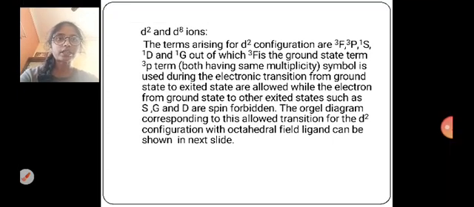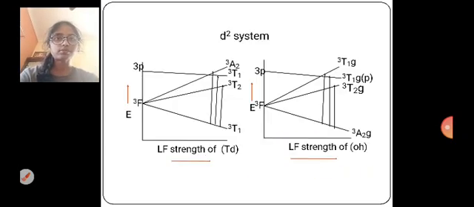The Orgel diagram corresponding to these allowed transitions for the D2 configuration with the octahedral field ligand is shown here. The D2 system will have the splitting like this. 3F will split into three, that is A2, T1, T2, and 3P will have only one, that is T1.